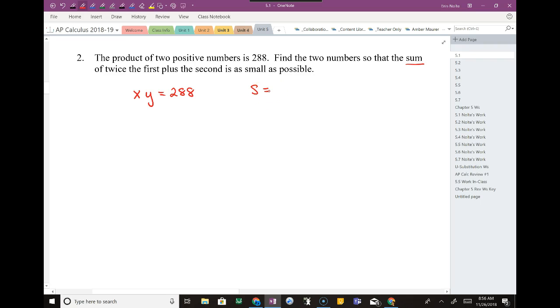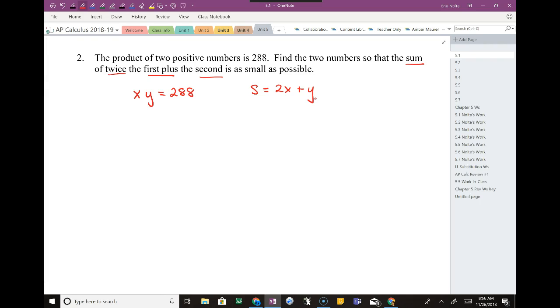The sum of twice the first. How would you represent twice the first? Okay, 2x. And then plus the second, being y. So that spells out our equation.